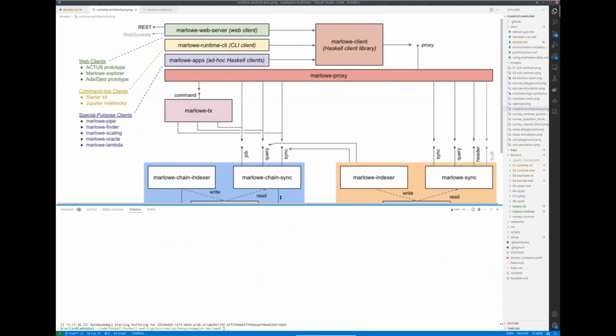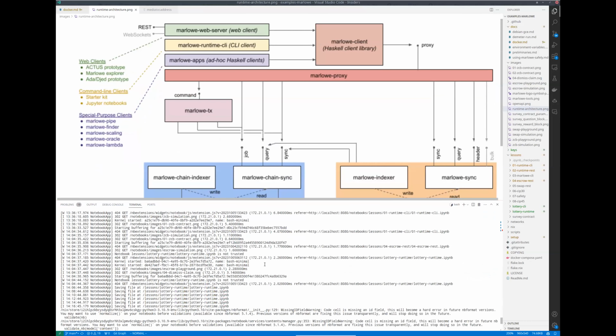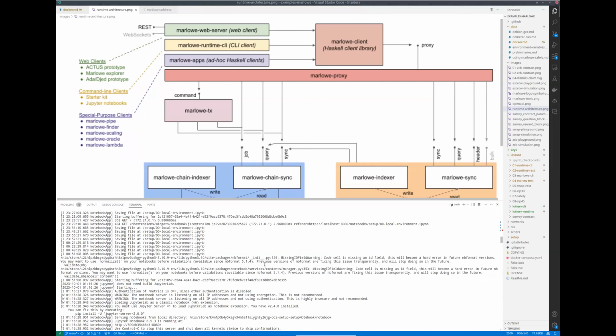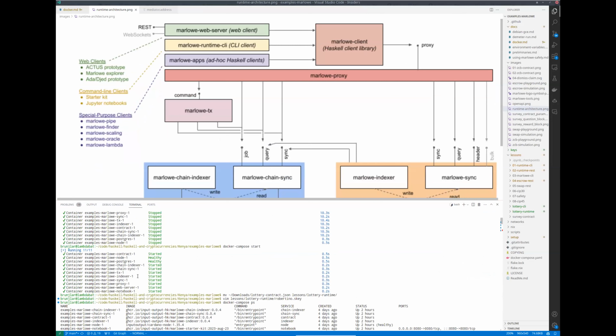One of the things that started is this web server. Basically the things we did now with the runtime, you can also do with the REST API.